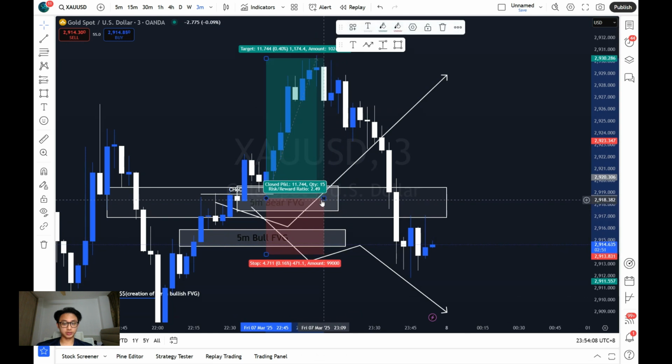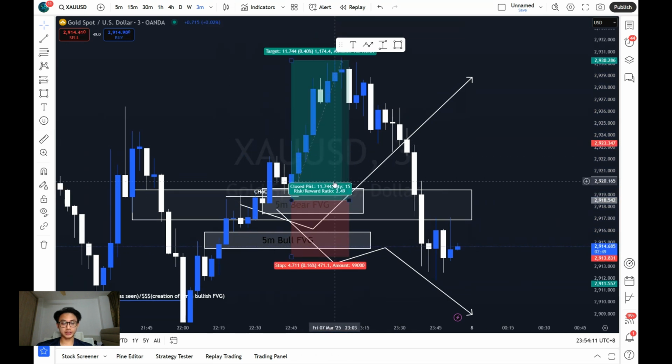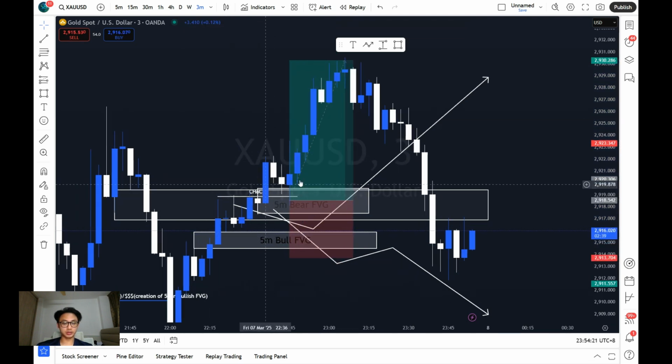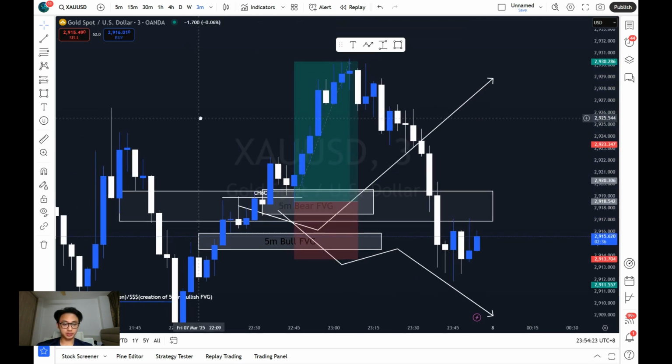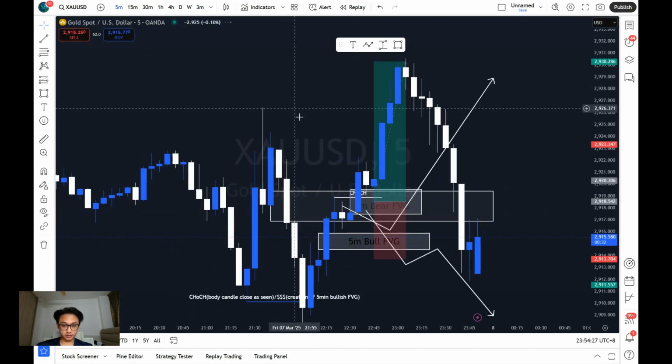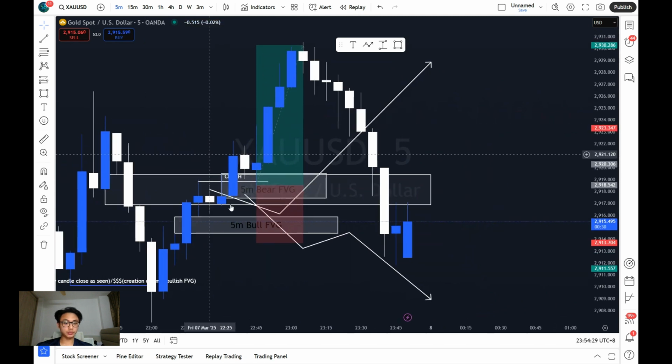So it will be a 2.5. But normally I like to look for at least 1 to 4 RRs. So yeah, I avoided this trade because it didn't tap into the 5 minute bullish fair value gap here, right? So yeah.